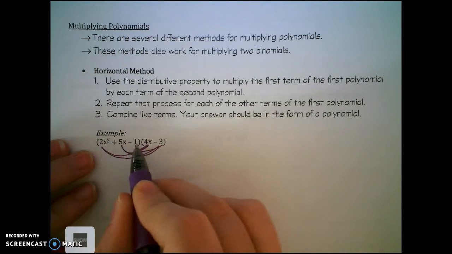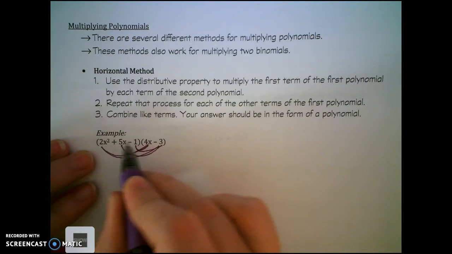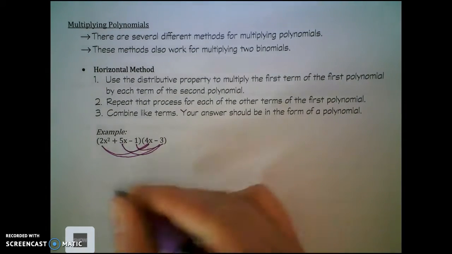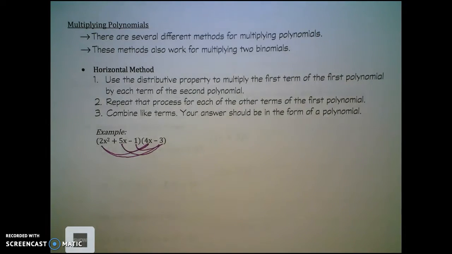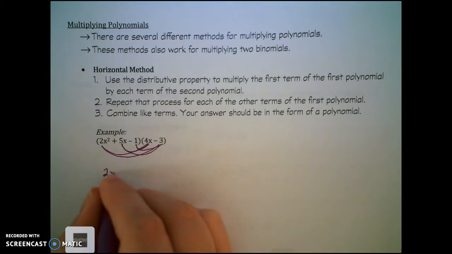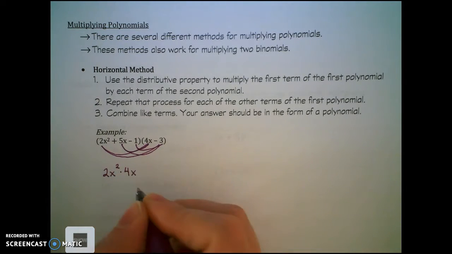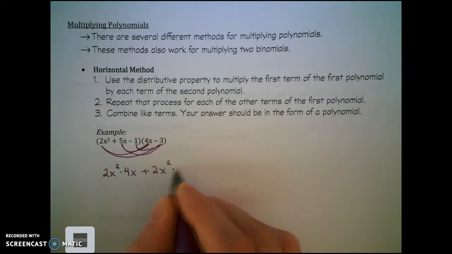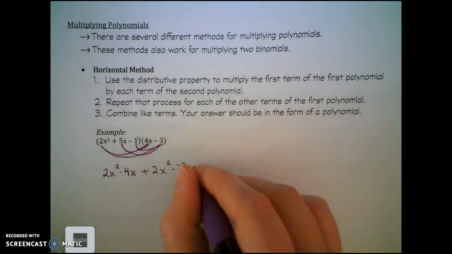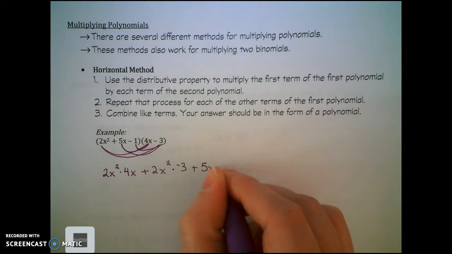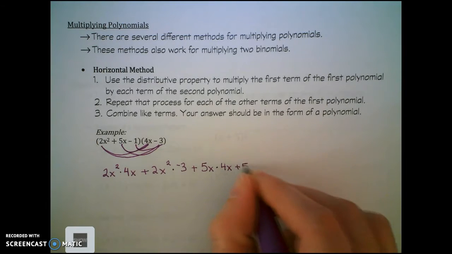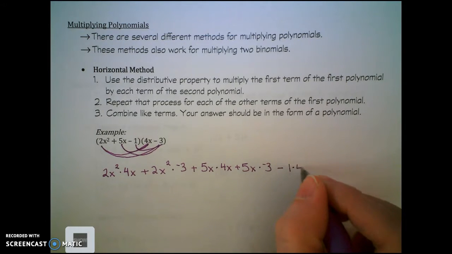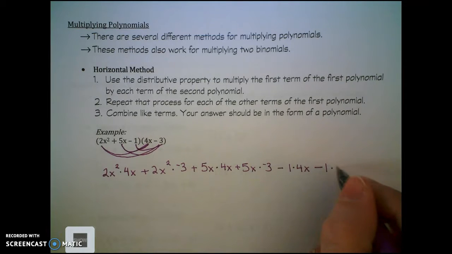So we have 3 times 2, which is 6. So we should end up with 6 total terms here, and then we will simplify and combine our like terms. So first we have 2x squared times 4x, then we have 2x squared times negative 3, plus 5x times 4x plus 5x times negative 3, minus 1 times 4x minus 1 times negative 3.